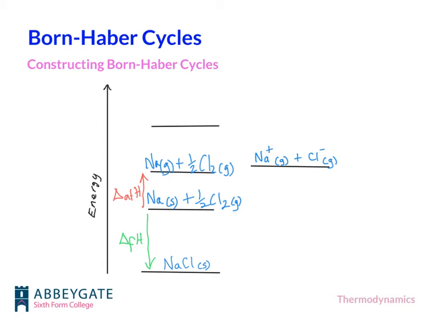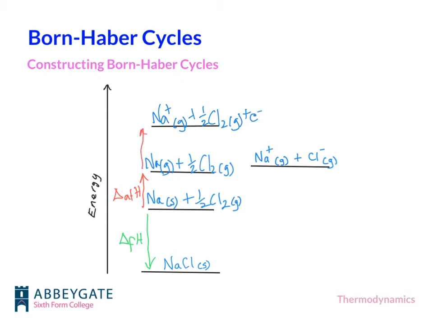Now, our next mini step is taking that sodium that's now a gaseous atom and turning it into a sodium gaseous ion. So I now want this to be Na+ gaseous plus a half Cl2. And this would be represented by another arrow going up.